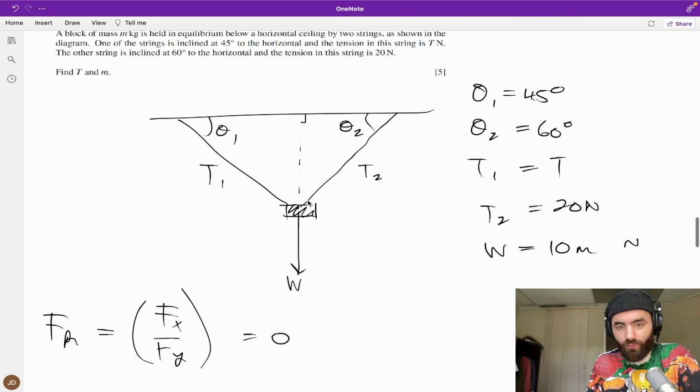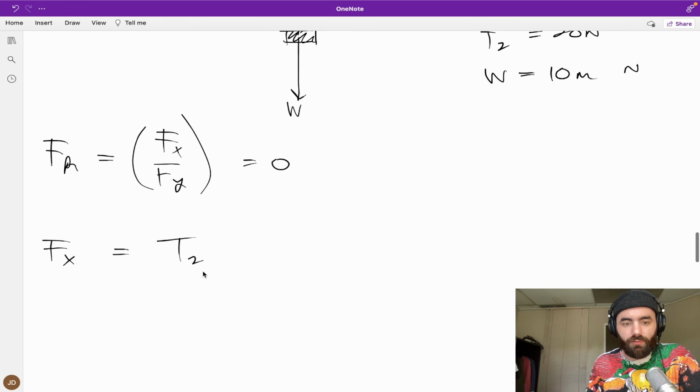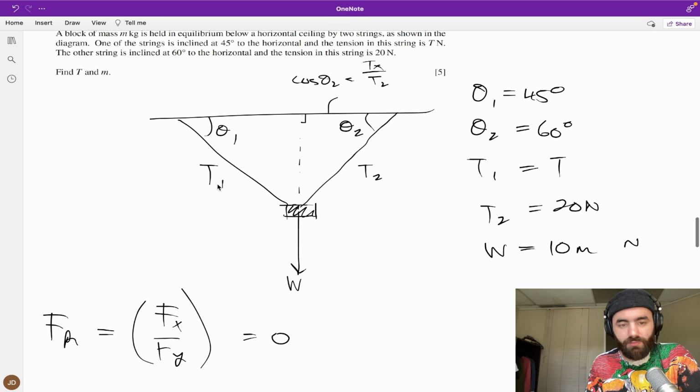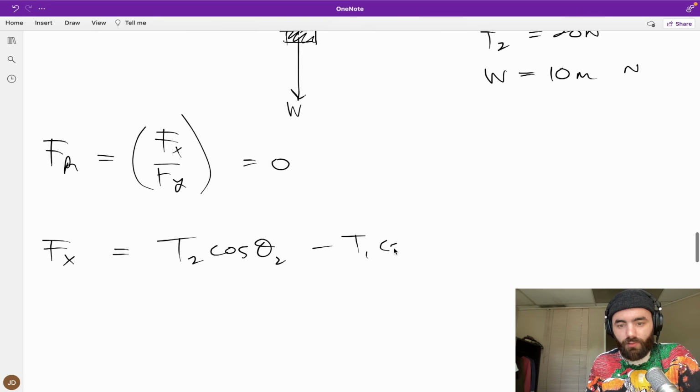The X component of our force is going to be adjacent, so T2 cos of theta 2, minus T1 cos of theta 1, because this is acting the other way.